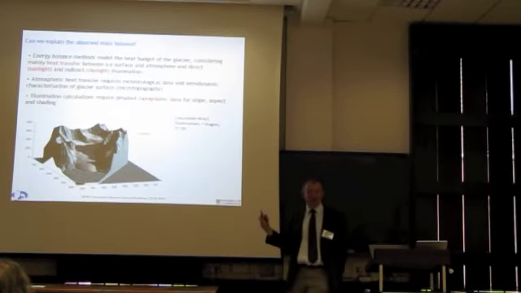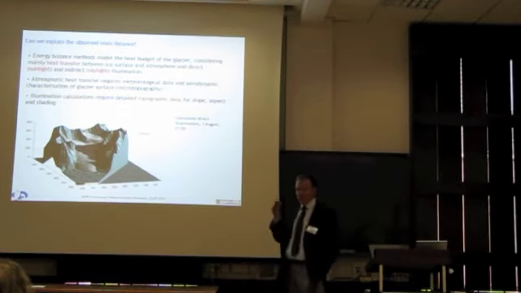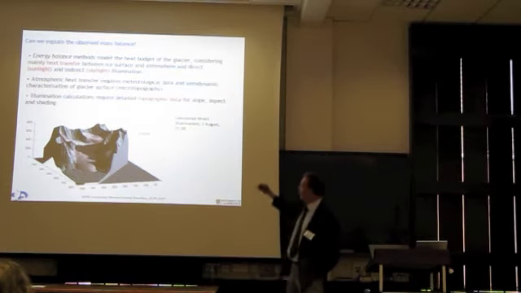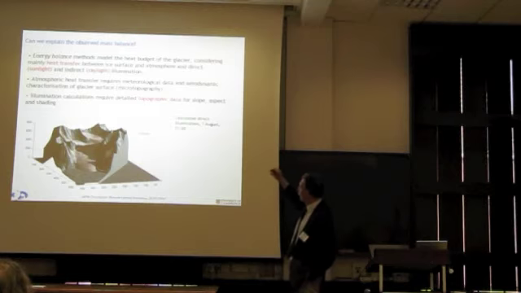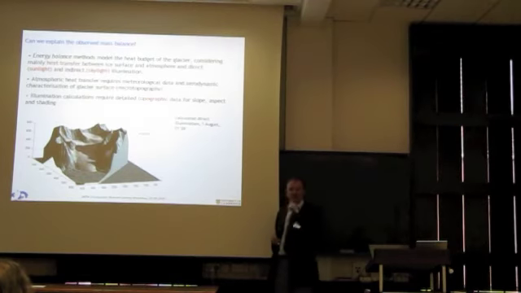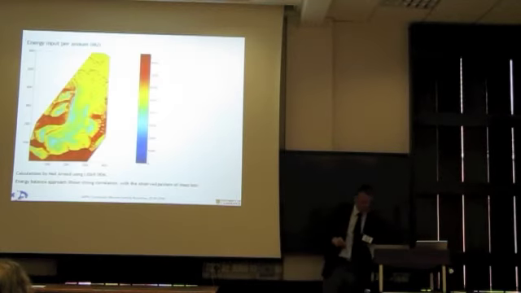So we are able to calculate pixel by pixel with a 2-meter resolution which parts of the glacier are receiving sunlight and which aren't at any time of day. So this is the calculation for 1st of August, some year, at 21:30. So we can do this minute by minute. In fact, we do it half hour by half hour throughout the course of a year to work out which bits of the glacier receive how much.